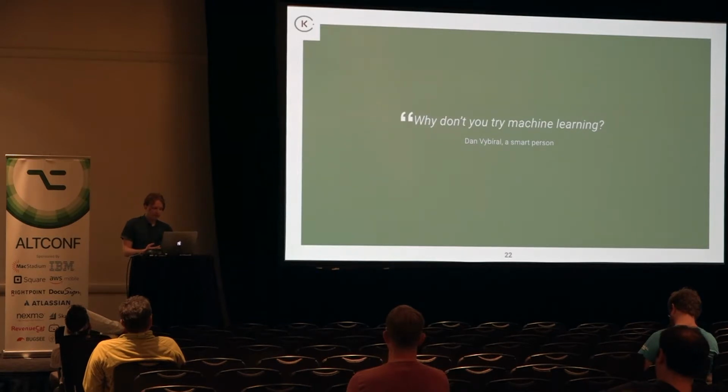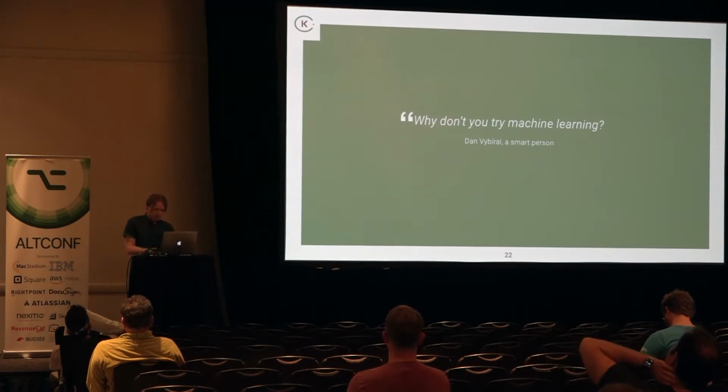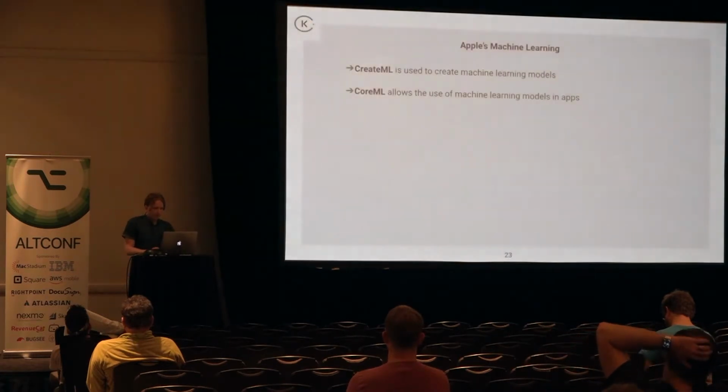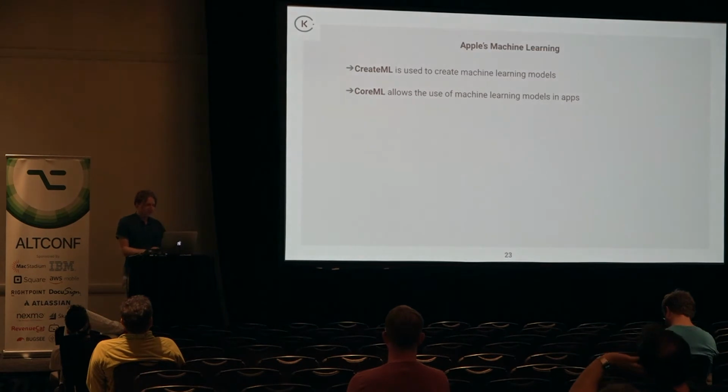But as I started learning more and more about it, I realized that it does exactly what I needed for this problem. Because what machine learning does, at least in my limited understanding, is that it makes predictions from data. So if you somehow don't know how Apple's machine learning works, because there seem to be tutorials everywhere now, there are 2 parts.